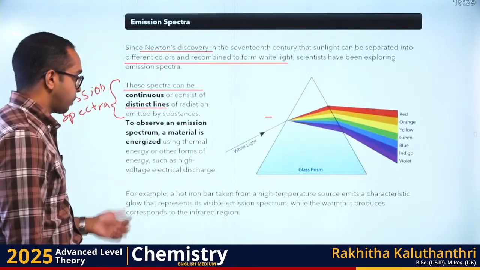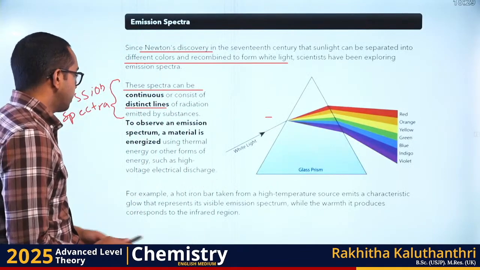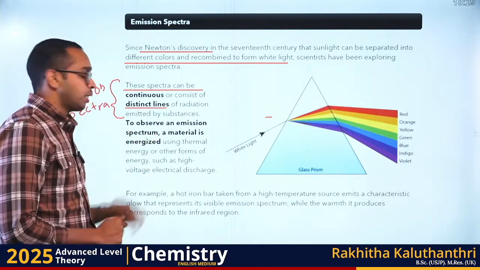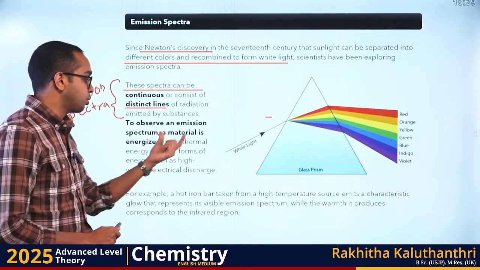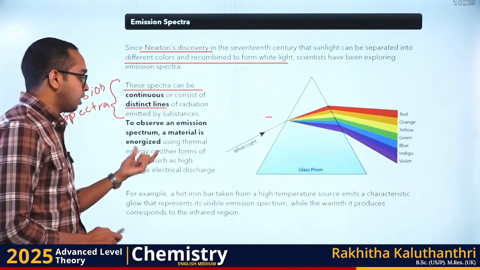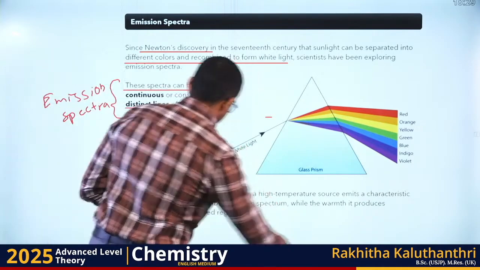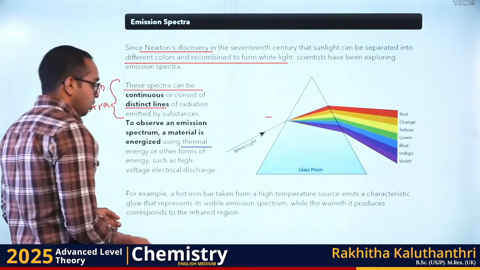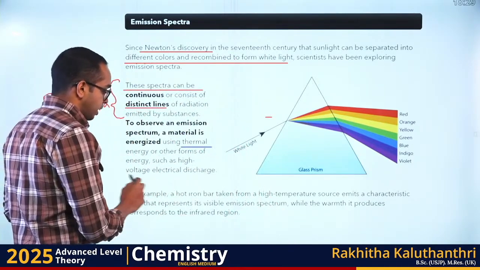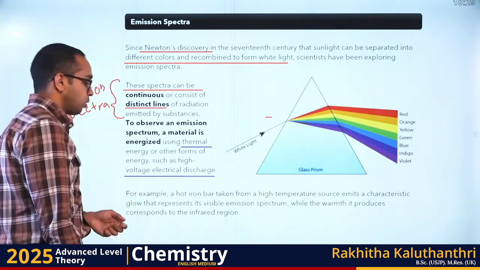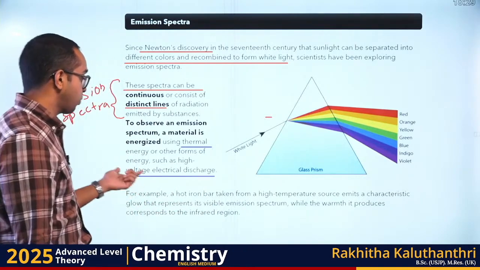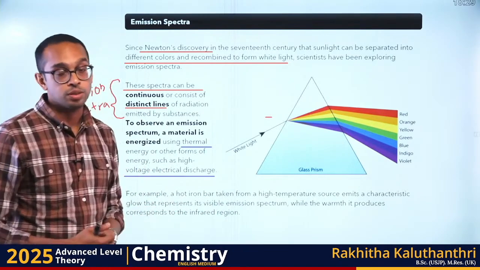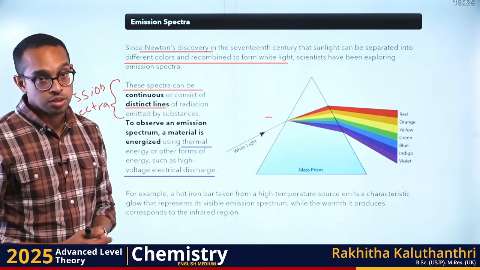Continuous and line spectra. So to observe an emission spectrum, you need to energize the material using either thermal energy or other forms of energy such as electrical energy or high voltage electrical discharge, in other words electrical energy.